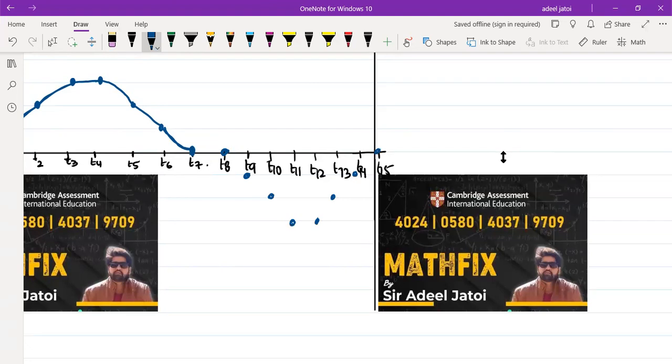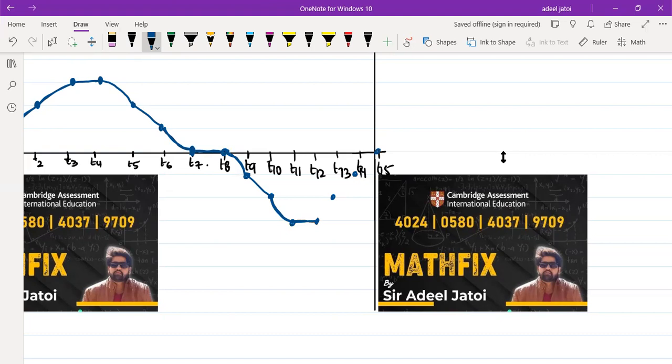So if we go through the same pointers, this is at rest, T7 to T8. Object is at rest, then increasing acceleration in the negative direction. Then T9 to T10 will be uniform acceleration. And then we will have decreasing acceleration in the negative direction.